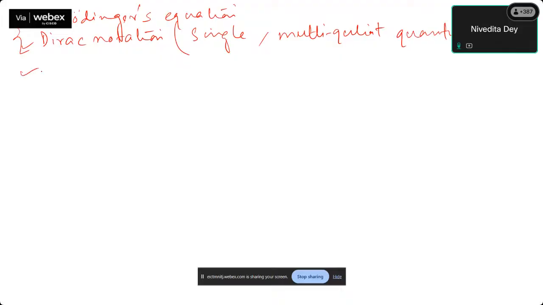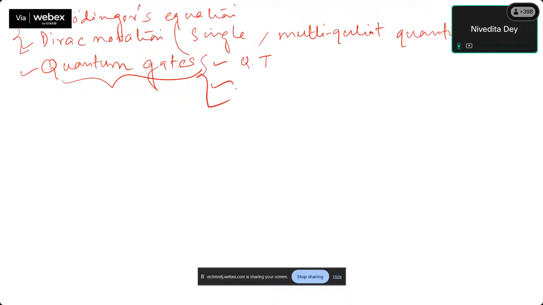The last one was that we also started with the quantum gates, which were preliminary concepts you should have to understand the quantum circuit, as well as a few leftover topics of quantum mechanical postulates: quantum teleportation and super dense coding. These two topics are left over.